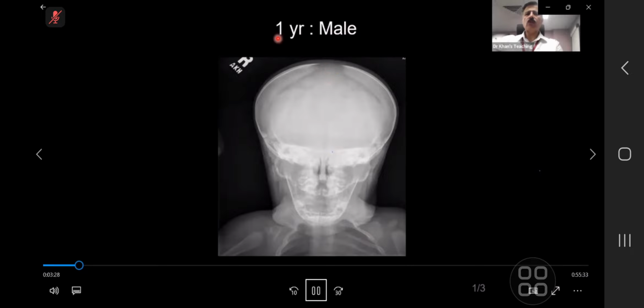For a 1 year old, this is too much. It should have been close to closed at 1 year. Wormian bones are bones which are within the suture. The key in this case is to comment on the mandible. That is a key exam point, and I will tell you why.